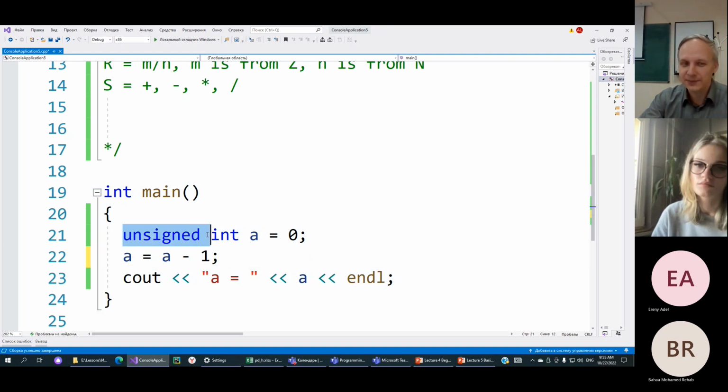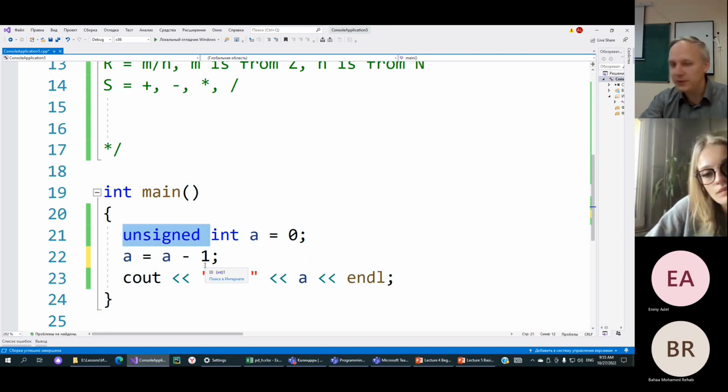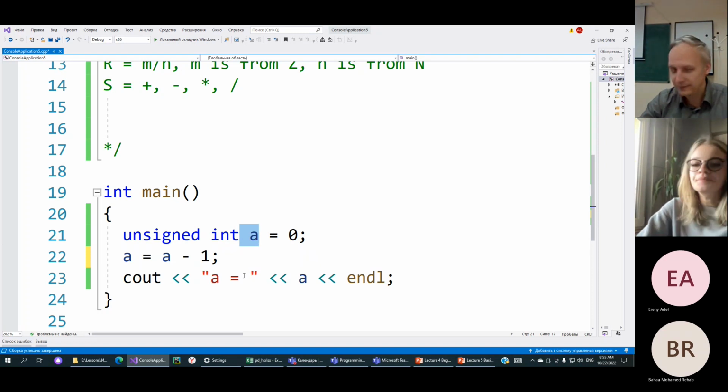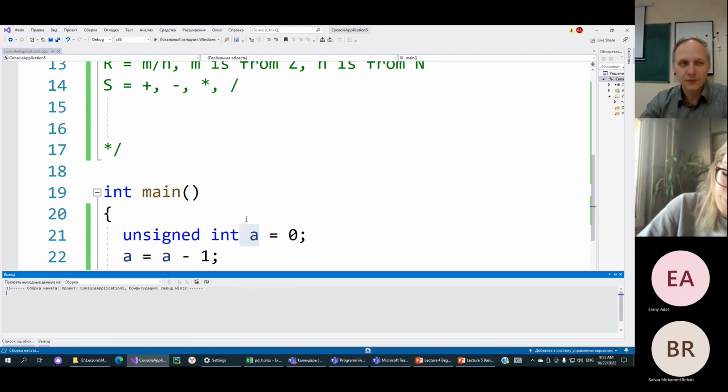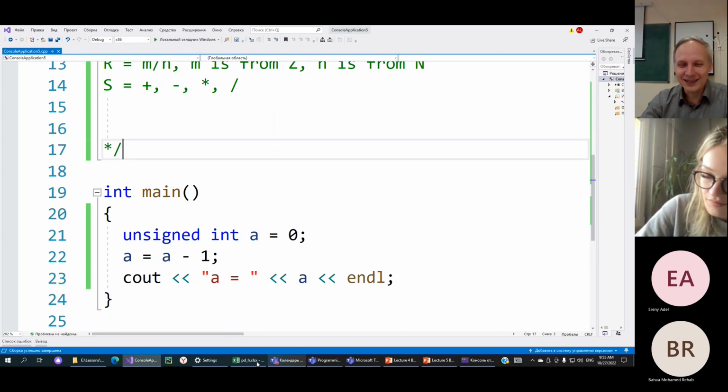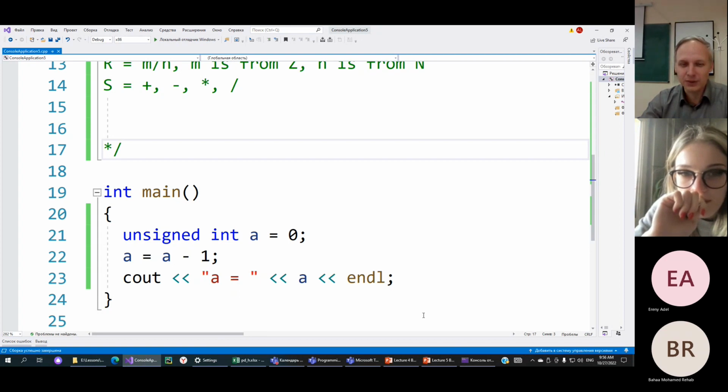If I write here this special word unsigned, it means the range for the variable A now starts from 0, and the variable A cannot store negative numbers. We see on the screen a very, very large number. So again, the result is unpredictable.